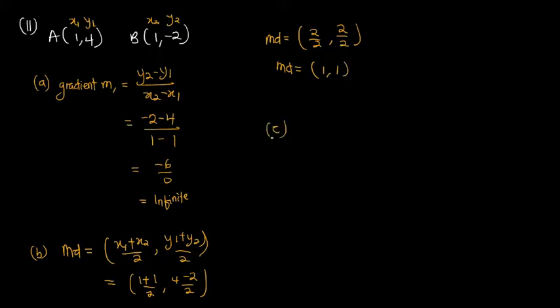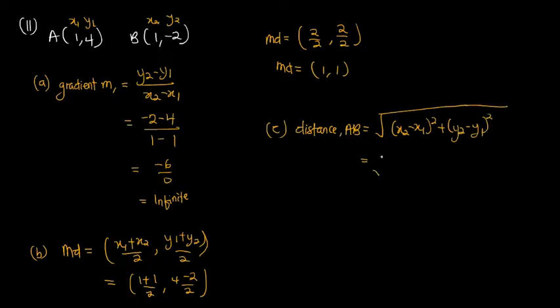Alright, so C, the distance AB. So the distance AB is equal to the root of x2 minus x1 squared plus y2 minus y1 squared. So this is equal to the root of my x2, which is 1, minus my x1, which is also 1, squared, plus my y2, which is -2, minus my y1, which is 4, squared.